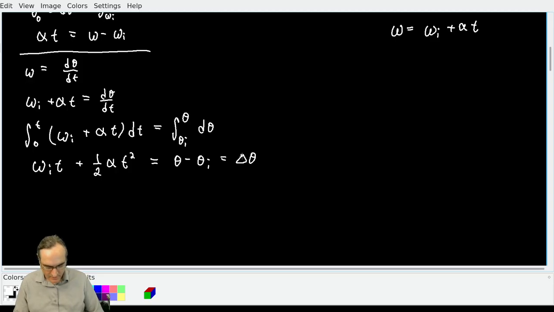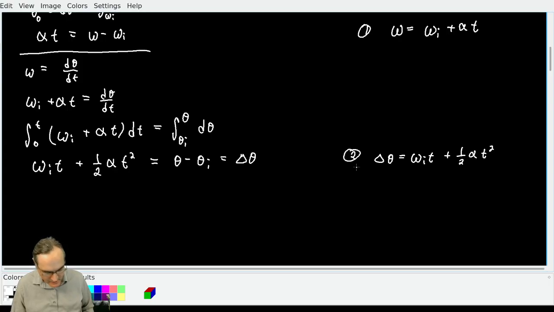And again, this looks really familiar. We had an equation that was the change in position is equal to the initial velocity times t plus 1/2 the acceleration times t squared. We had something like that for linear motion. So here we've got our equation 1. Here now we've got equation 2.